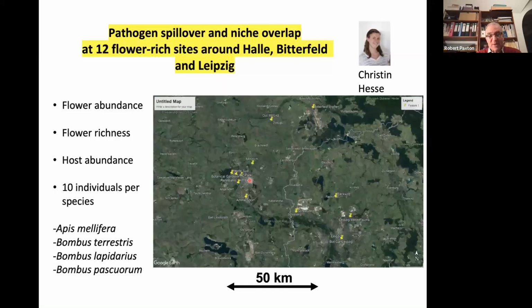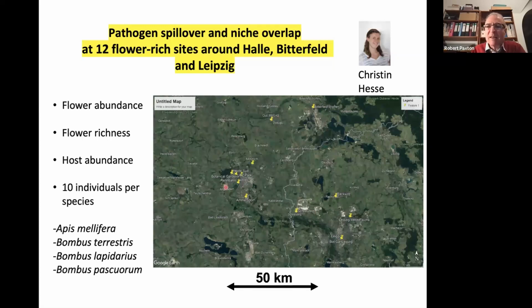So here is a map, a very plain map, with Halle in the middle. This is where I am right at this moment as I speak to you. And the yellow little pointers show you where we've sampled honeybees and bumblebees.